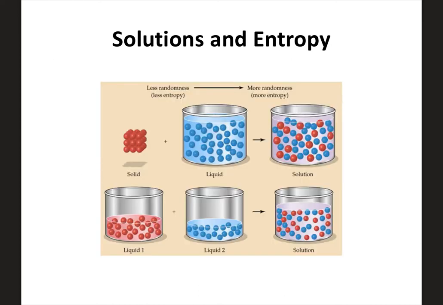You can see that again in this picture. You have a solid, which would be less disorder. It's pretty organized. Same thing for a liquid. It's pretty organized here, but when one dissolves in the other, you get an increase in entropy, or disorder, and that's preferred in nature. Disorder is preferred. And we'll look at this more when we get to thermodynamics.